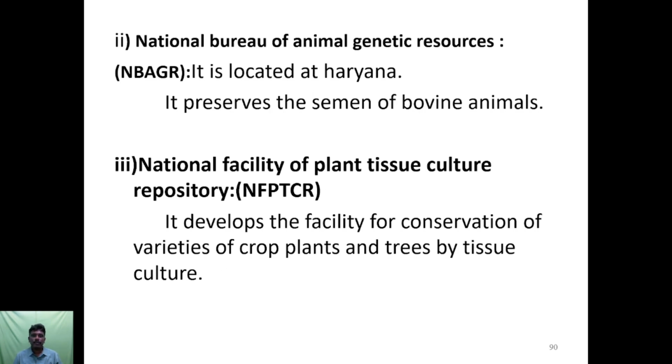Then the National Bureau of Animal Genetic Resources, located in Haryana, preserves the semen of bovine animals. Then the National Facility for Plant Tissue Culture Repository develops the facility for conservation of varieties of crop plants and trees by tissue culture.